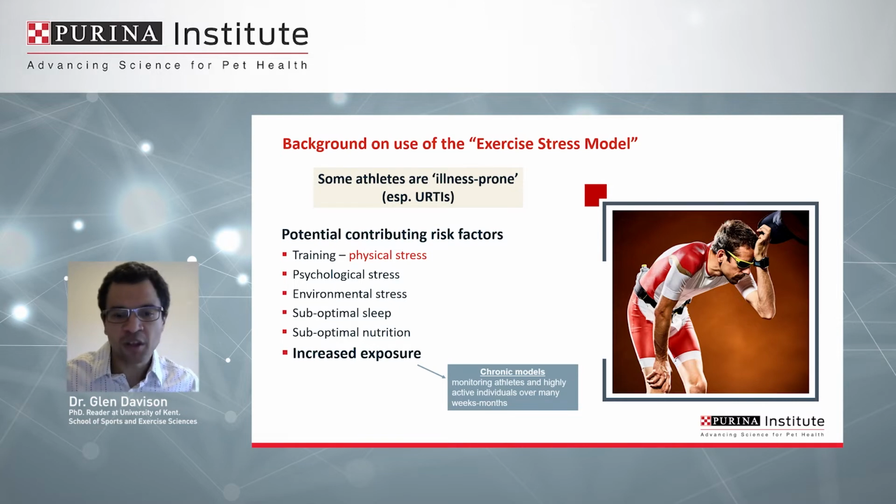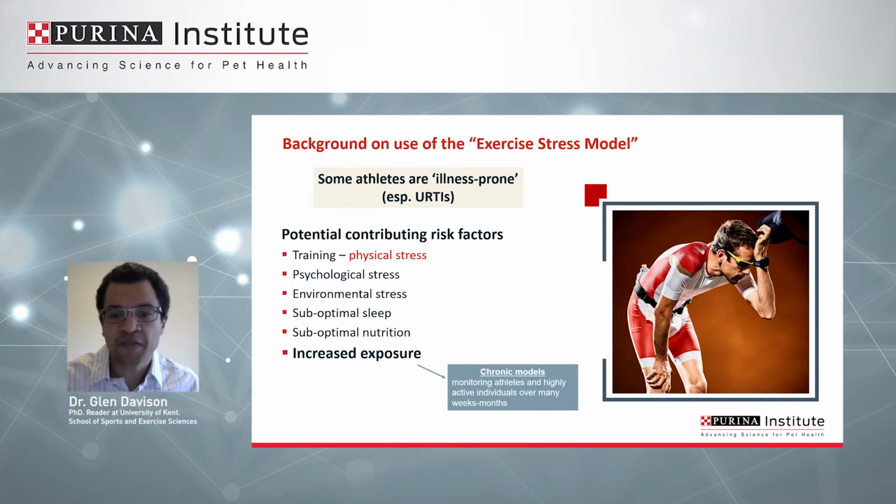So the chronic model is basically where we will monitor these individuals over several weeks, or more commonly, over several months. And the reason that we use this chronic model is because there are lots of contributing factors in here, but primarily they are all related in one way or another to stress of some description. So whether that's physical stress, psychological stress, environmental stress, or some other form of stress.